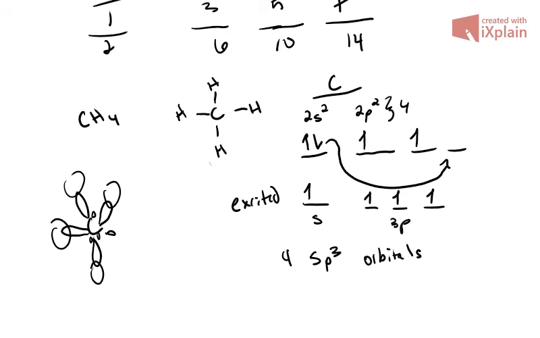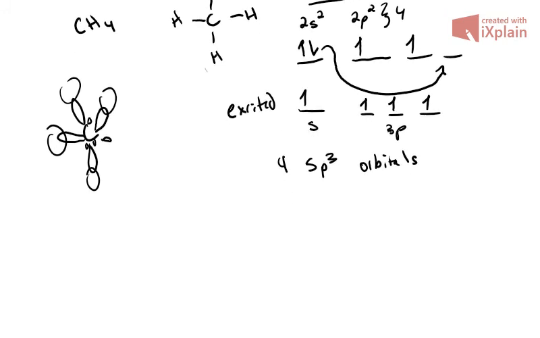This is a very confusing sentiment, but the easy thing to look at is that every single tetrahedral, or something with 4 things off of the central atom, is going to form sp3.